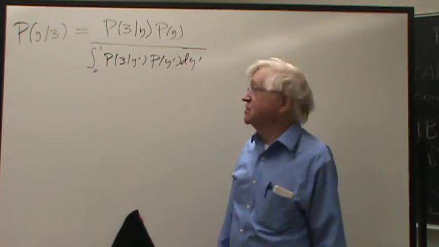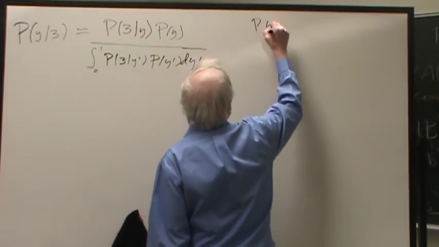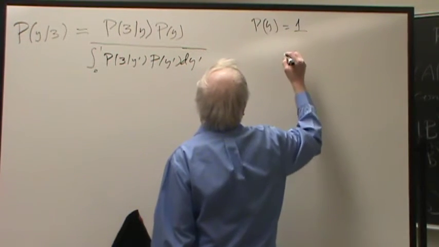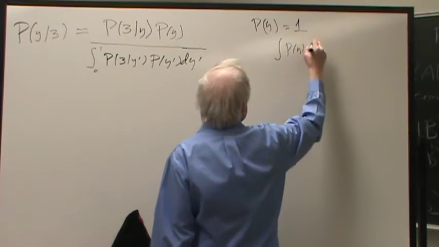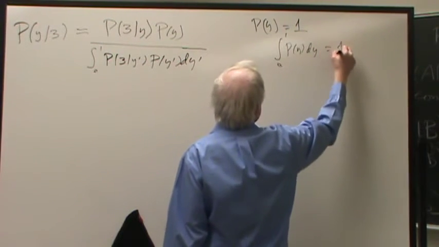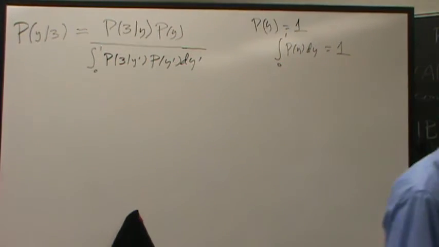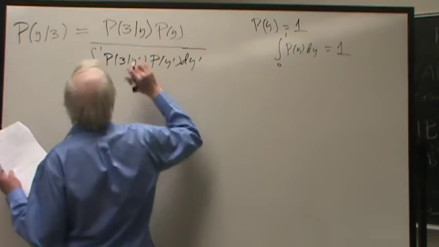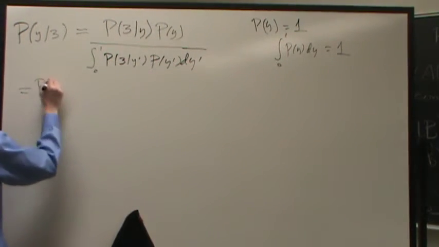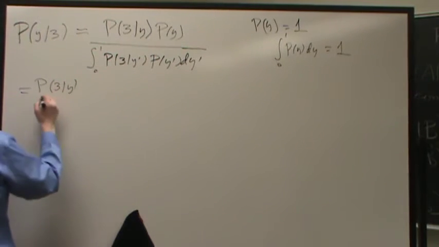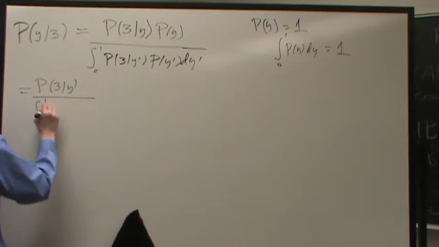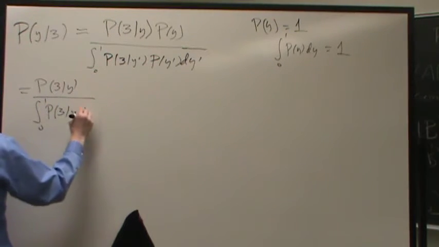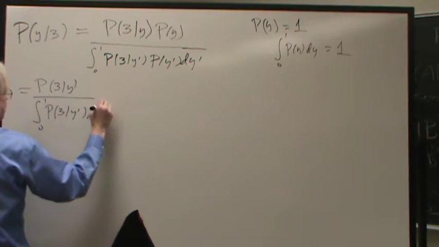In other words, we'll assume that p of y is 1, so the integral of p of y dy from 0 to 1 is just 1, which says that the probability of y being between 0 and 1, which it has to be, is 1. Okay. So now this thing simplifies to probability of 3 given y, p of y is 1, integral 0 to 1, p of 3 given y prime, p of y prime is 1, dy prime.